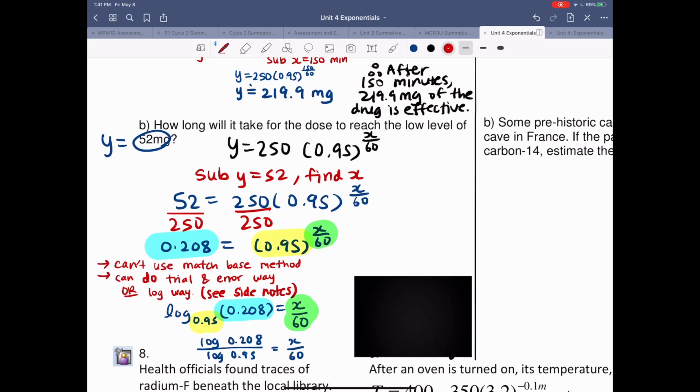Now it's just a matter of getting x by itself, and I get this. Putting that all in the calculator, log 0.208 divided by log 0.95, times that by 60, and you will get 1836.8 minutes.